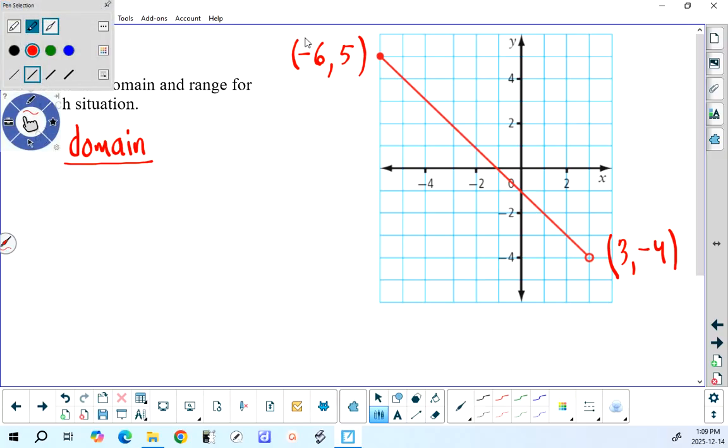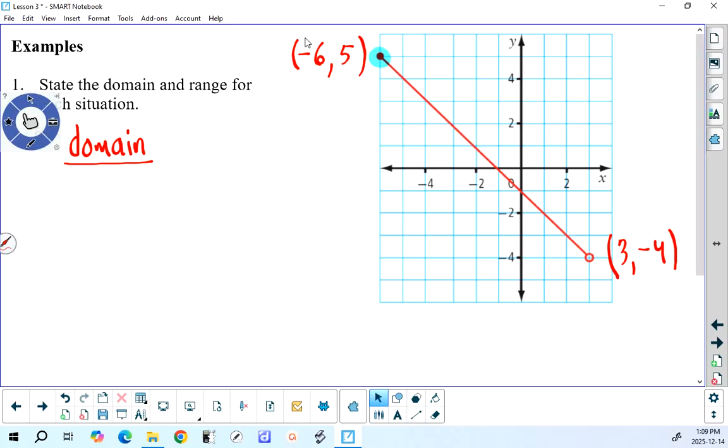So I'm going to highlight a particular point, this point right here, and it has an x-coordinate of -6, and I'm going to move that point to another location that is part of the relation, and the center of that blue point has an x-coordinate of -5. And the center of the point here has an x-coordinate of -4.